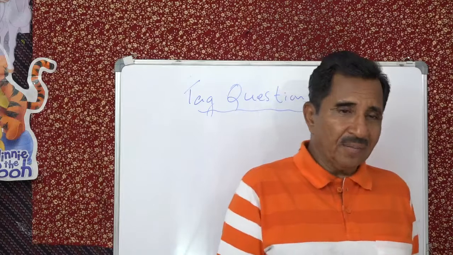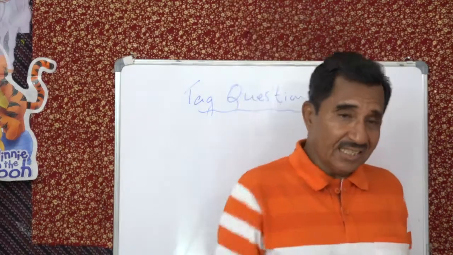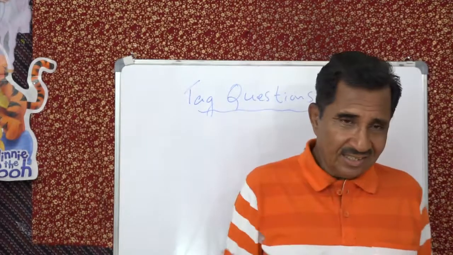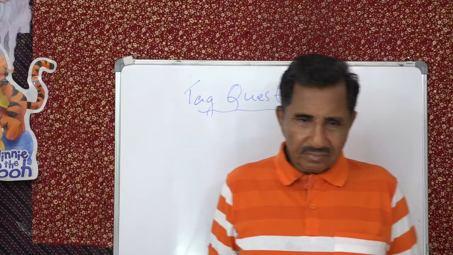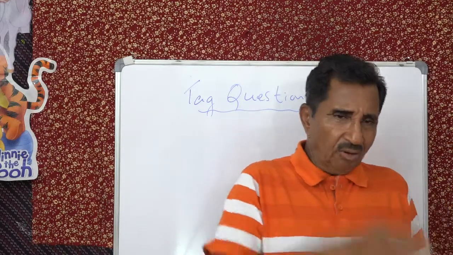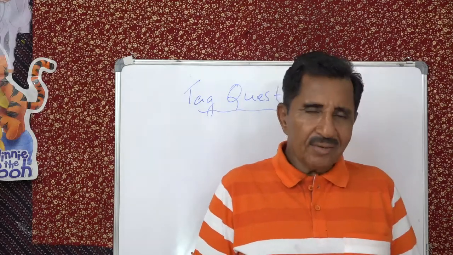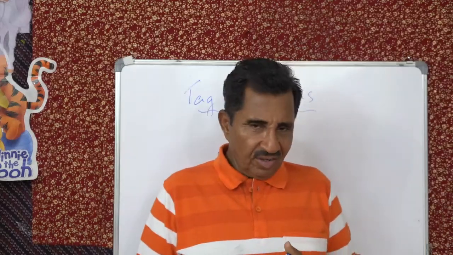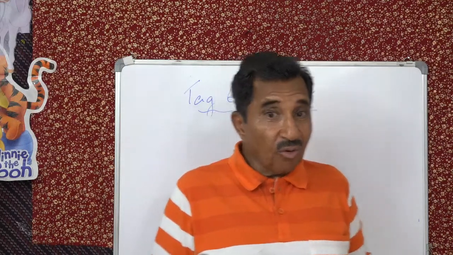"It" is repeated. It is raining, isn't it? Got the point? Then, with "only" you can use either positive tag or negative tag. That depends. But negative is always preferred.